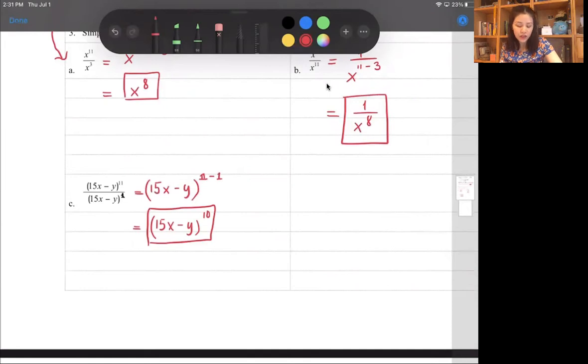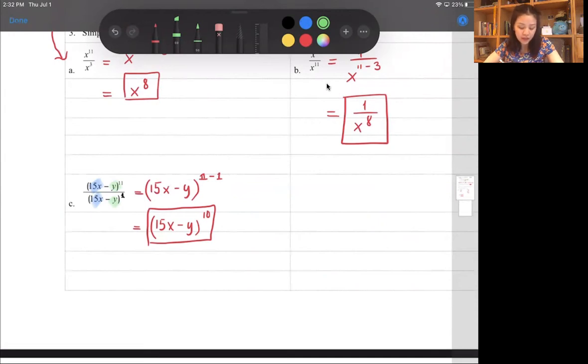Now, one thing I have to say is that I see a lot of people do this. They see 15x on the top and 15x on the bottom, so they automatically reduce that. And the same thing, they see y on the top and y on the bottom, and they cancel that too. But this is totally wrong. Please do not do that. Why?